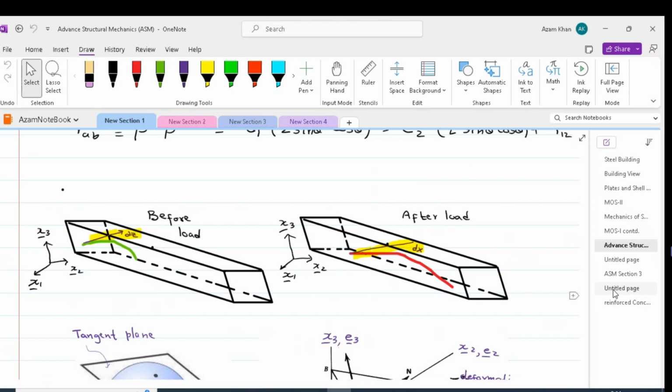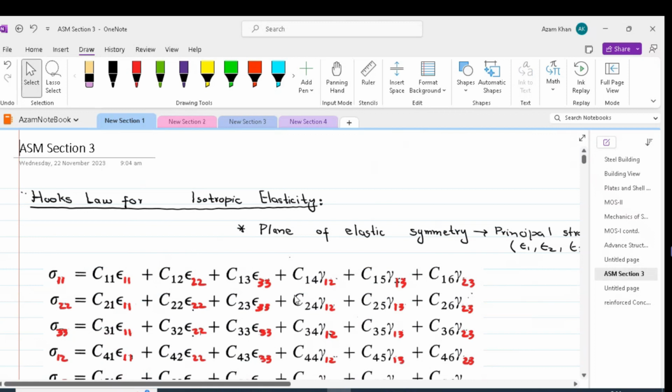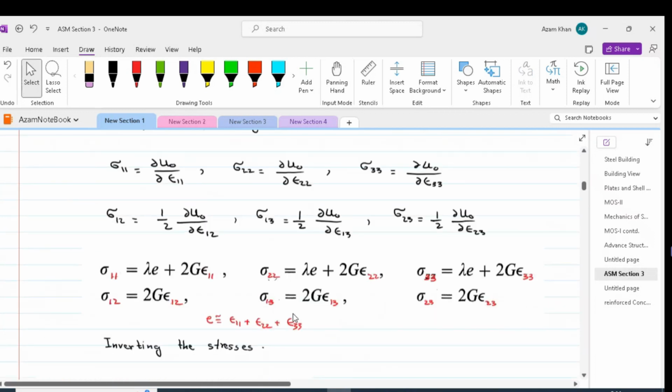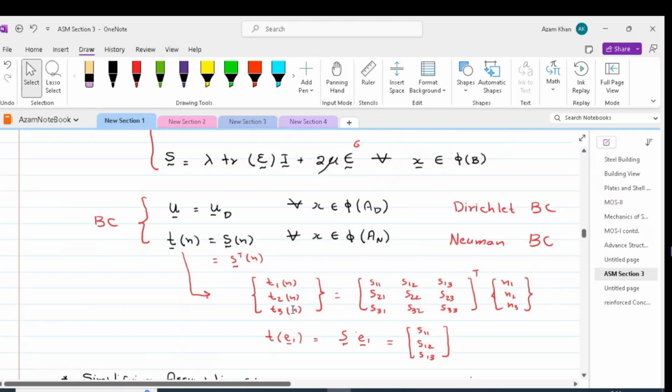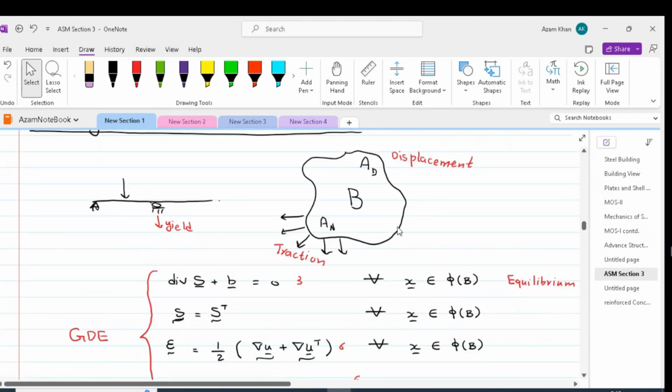And how can we determine traction from stresses? That is very straightforward. We multiply the stress tensor transpose with the outward drawn normal at the boundary of the body.